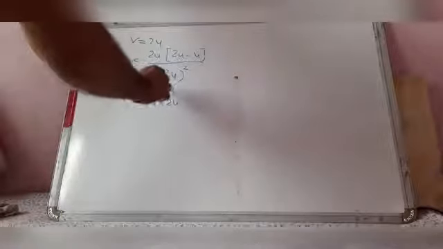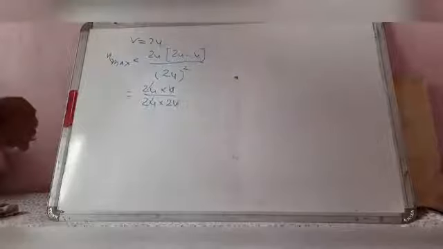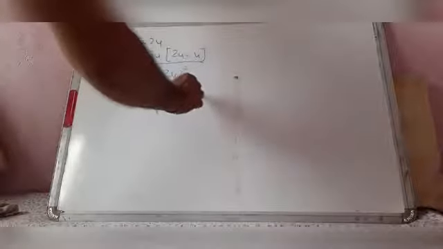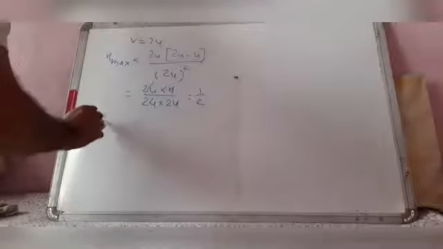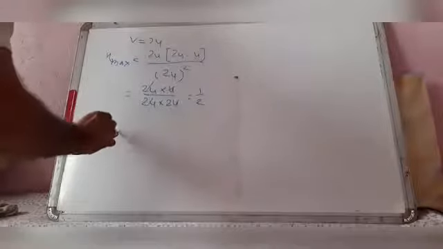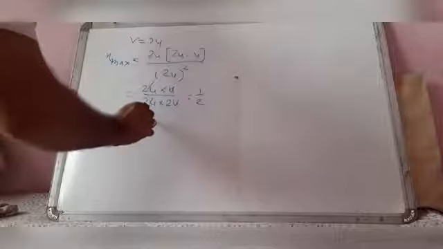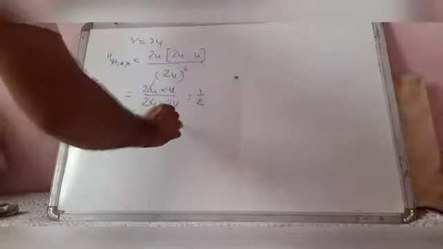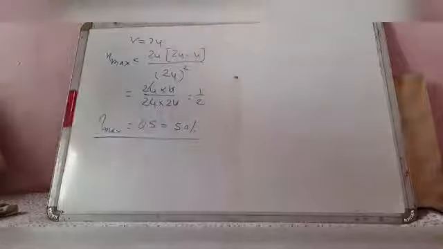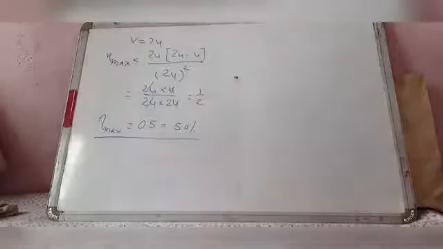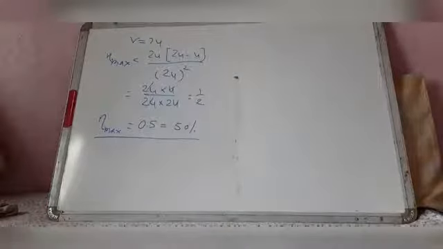These cancel, u cancels, so this is 1 by 2, or eta maximum is 0.5, that is 50% for this type of vane, a series of vanes.